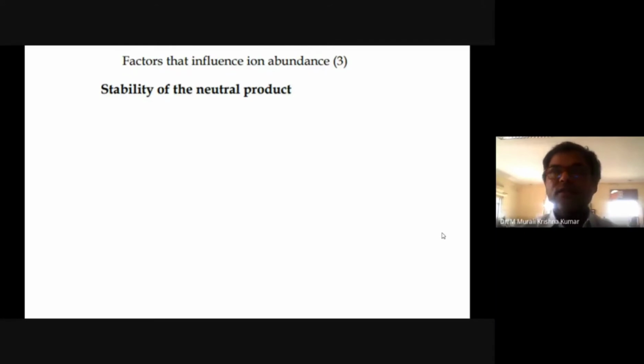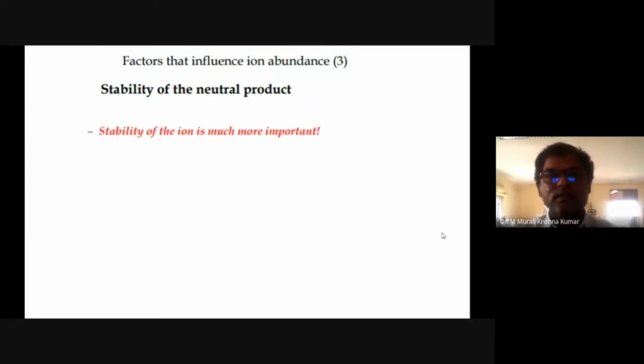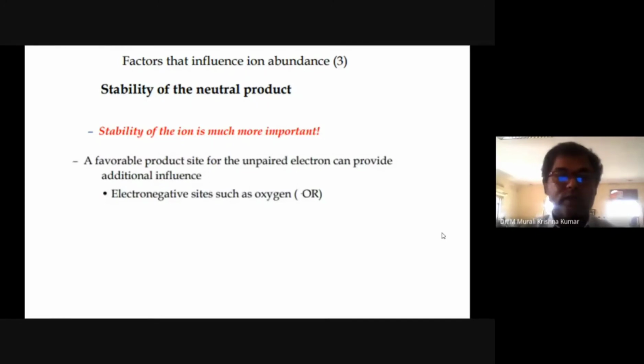The next one is when a fragment is formed. It is both the positively charged species as well as the neutral fragment. So both are important for us. But in 99.99% of the cases, it is the stability of the ion which is more important. Okay, that is what we need to understand.